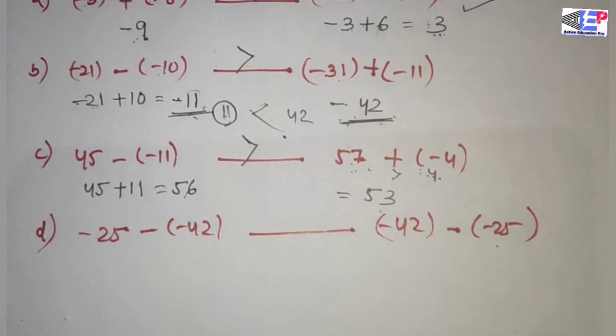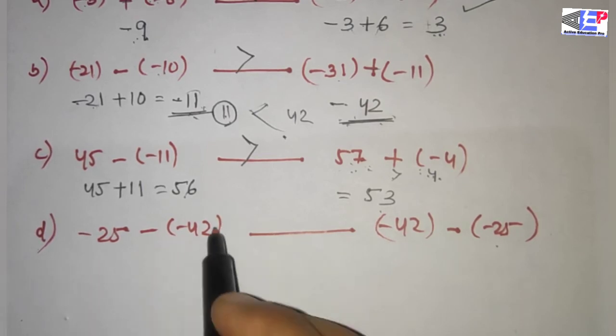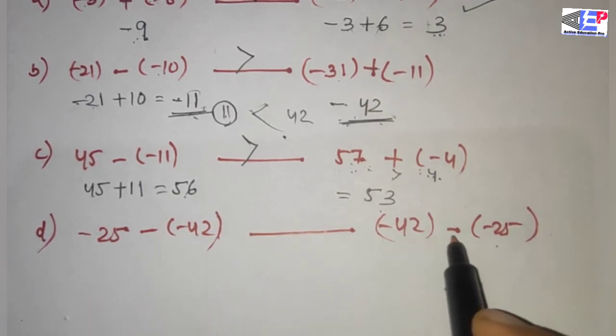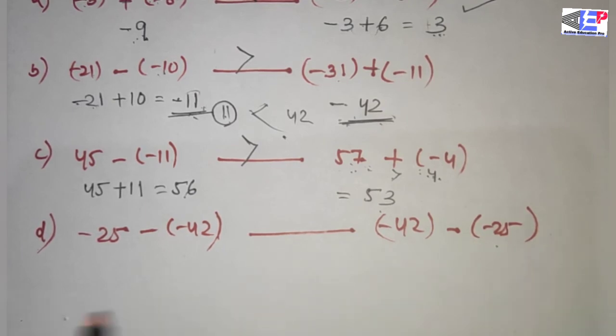Check for the commutative law. Here just the order of subtraction is changed. Here minus 42 is to be subtracted from minus 25. At the right side, the same integers, minus 25 is to be subtracted from minus 42.